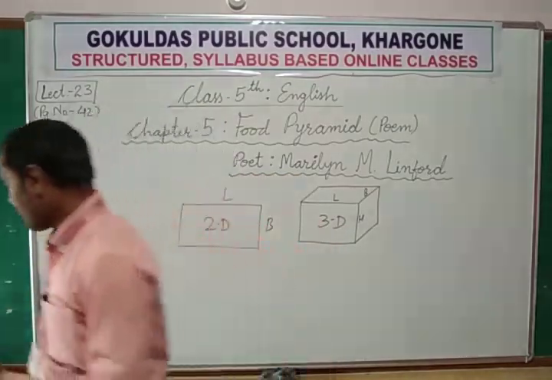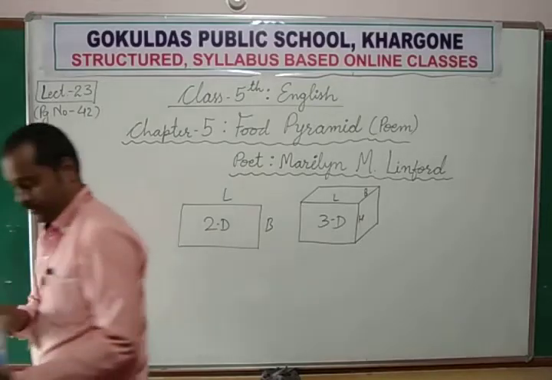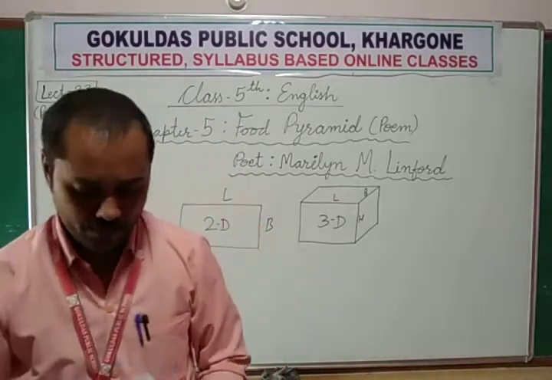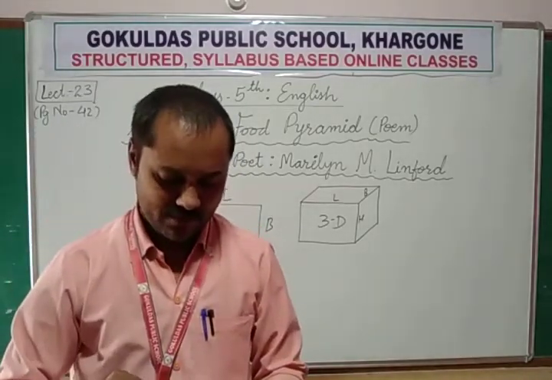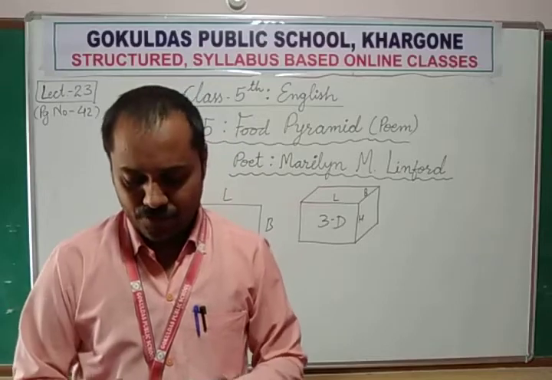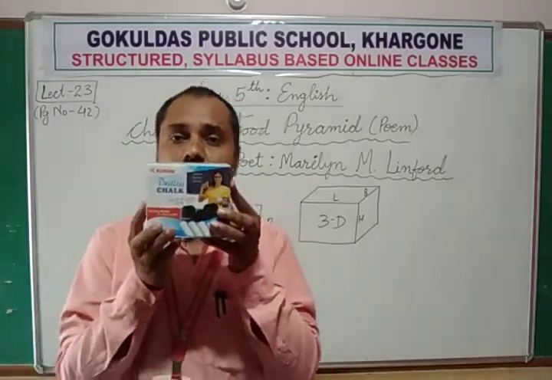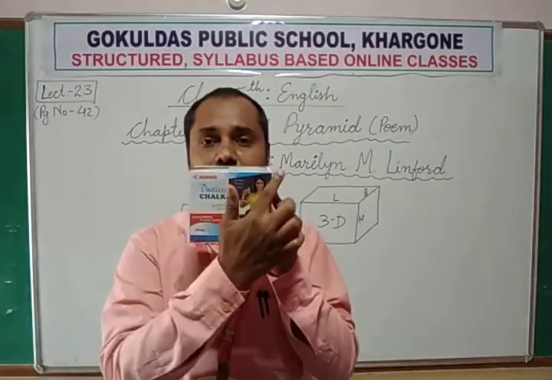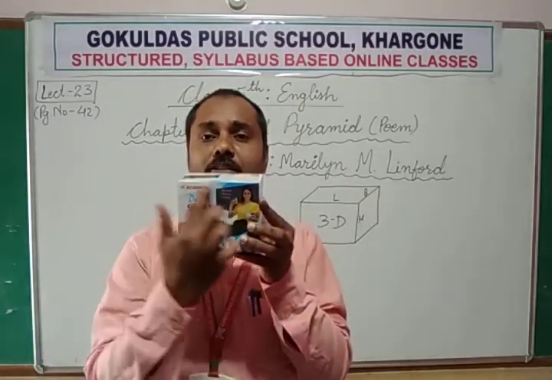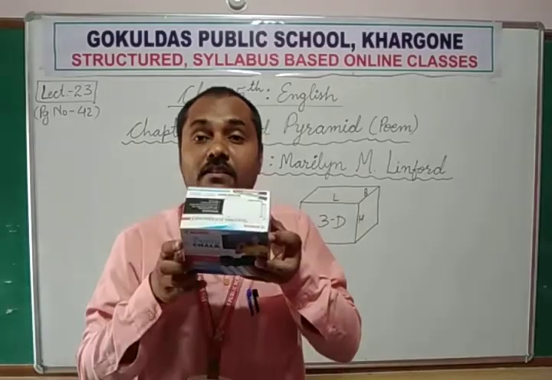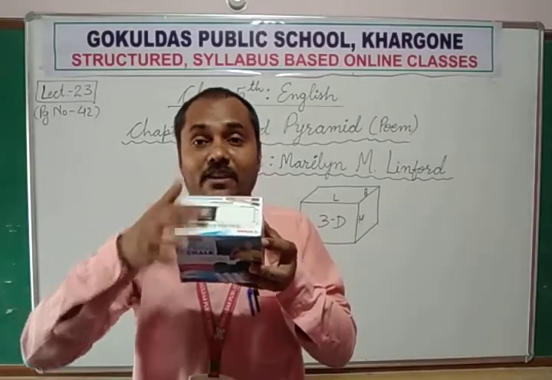But if I show you the example of this box, if you see from this side, you must be thinking this is only two-dimensional, but no, this has a third side also.